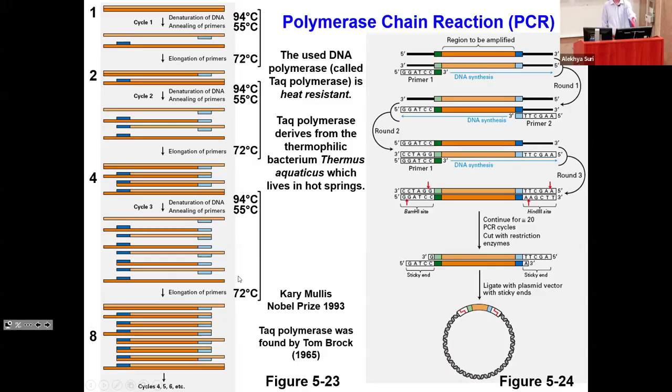And then he thought, okay, we use this enzyme polymerase from this bacterium, and that would survive in these cycles. Here you can see that you need boiling temperature to get the strands separated, so to get single-stranded DNA.